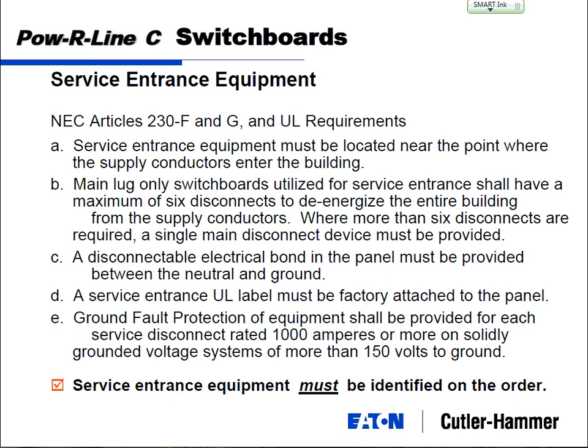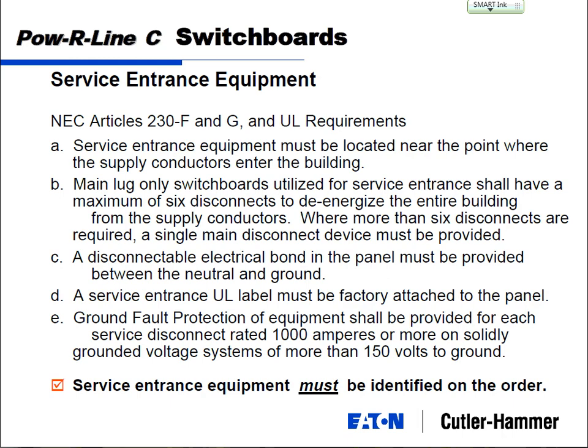For disconnects, if you've got a main circuit breaker, great. If you've got a main lug only switchboard, you're limited to a maximum of 6 feeder breakers or 6 disconnects before you need to add a circuit breaker. That's probably the most that can reasonably be expected to be turned off in a reasonable amount of time to isolate your building.